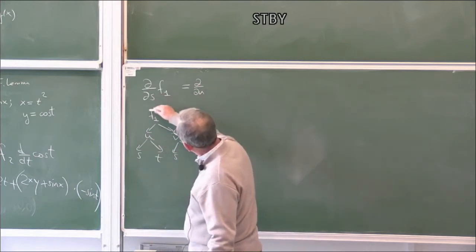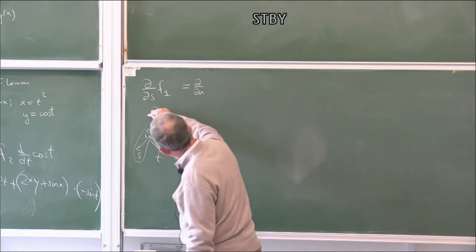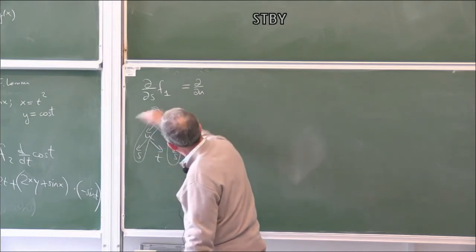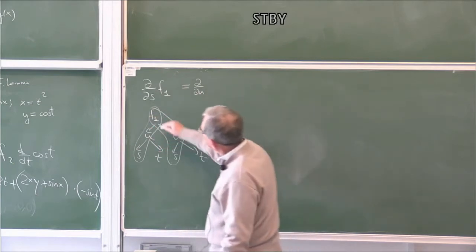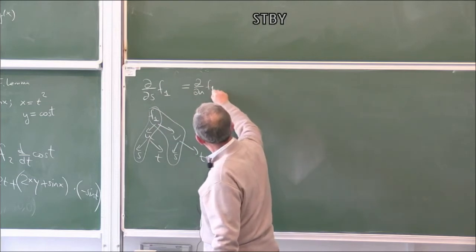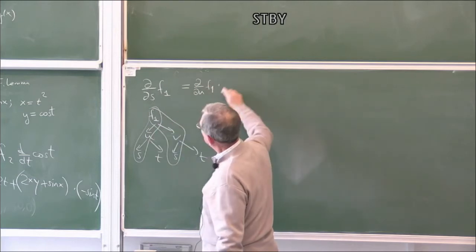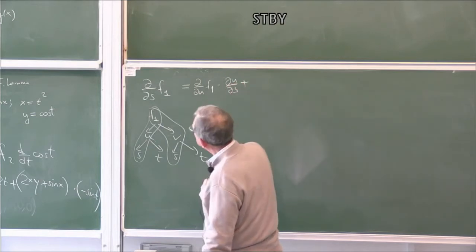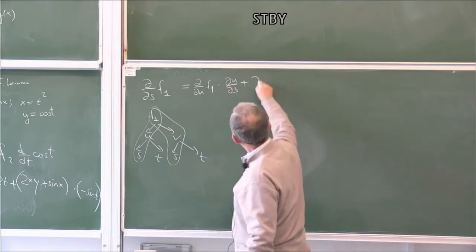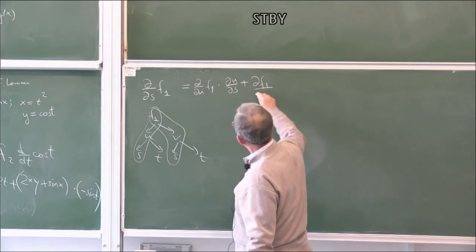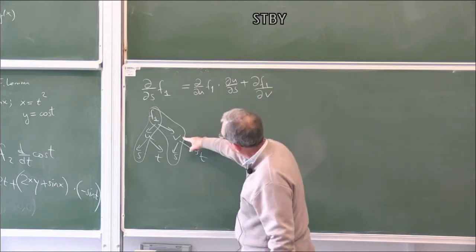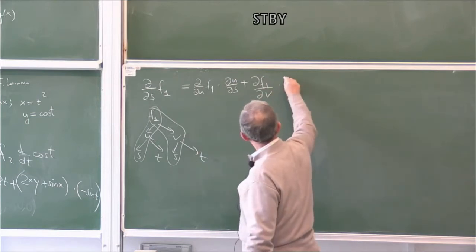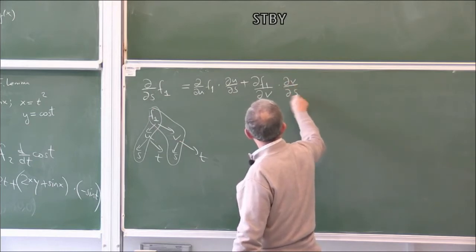I want the derivative with respect to s, so I want these two. So it is derivative of f1 with respect to u, and then derivative of u with respect to s, plus derivative of f1 with respect to v, and derivative of v with respect to s.